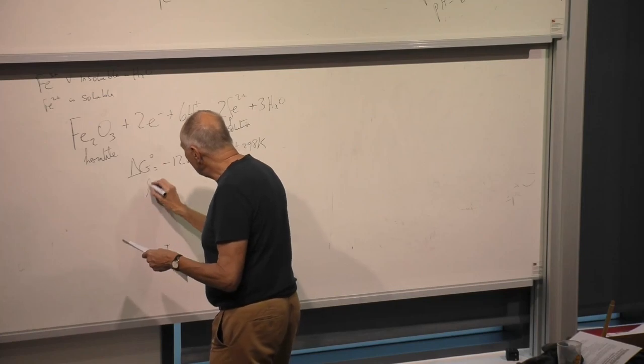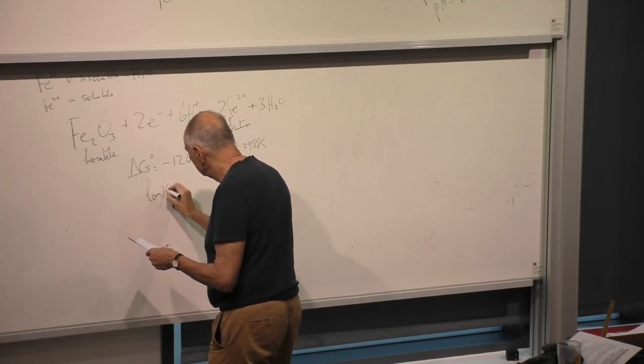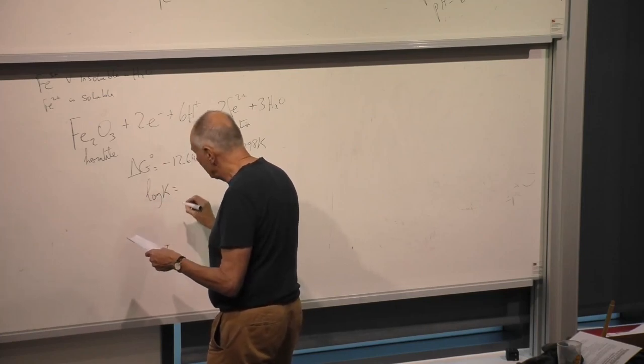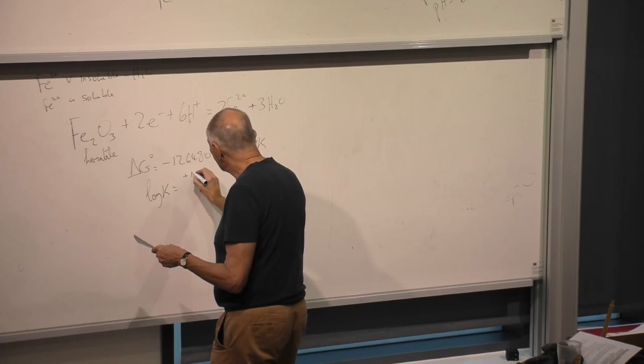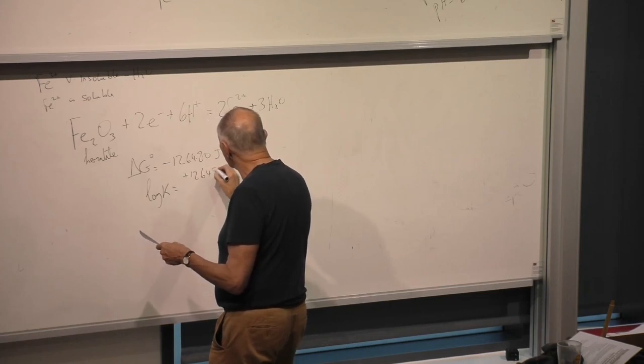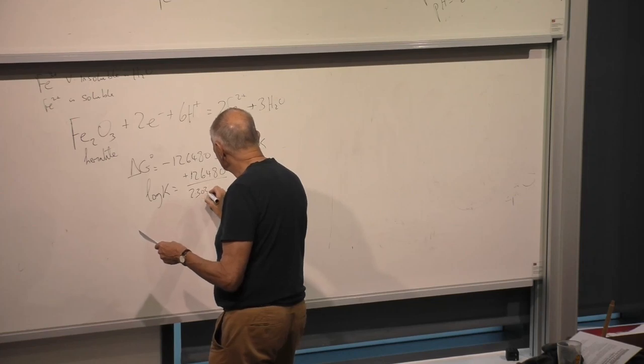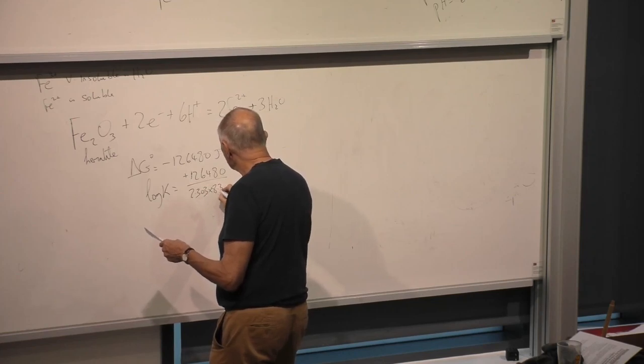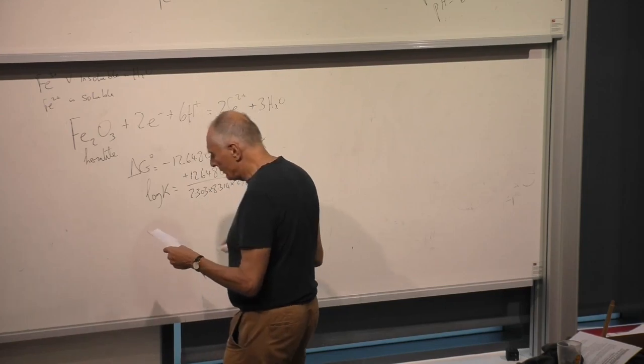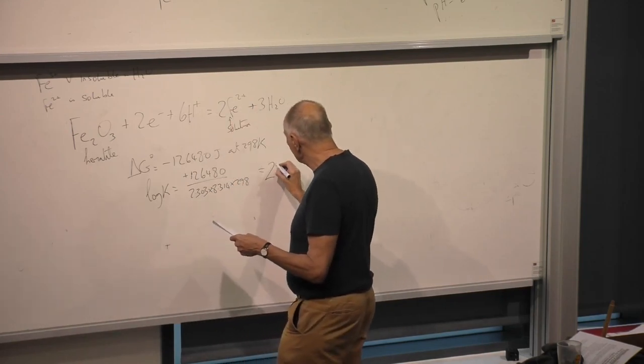So log K is equal to plus 126,480 over 2.303 times 8.314 for R times 298, and that equals 22.16.